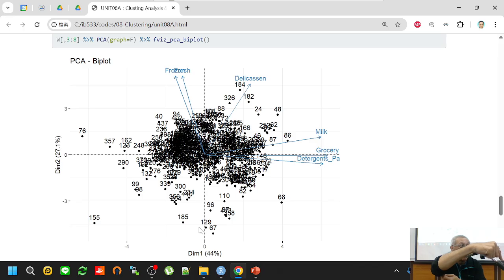Into the 2 variables. And this algorithm will help you preserve as much information as possible when you reduce the 6 variables into 2 variables, right? That's what we call dimension reduction. The reason that we want to do dimension reduction is that now we can plot the variables and all of these subjects in a 2-dimensional space.